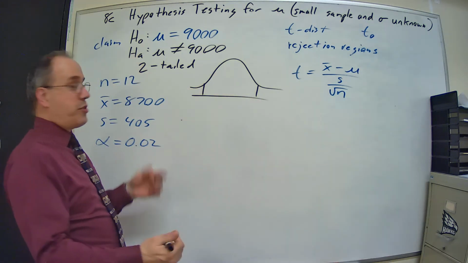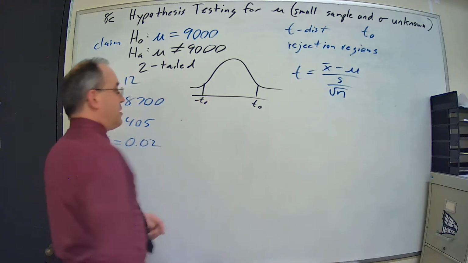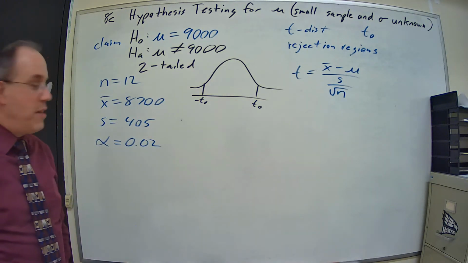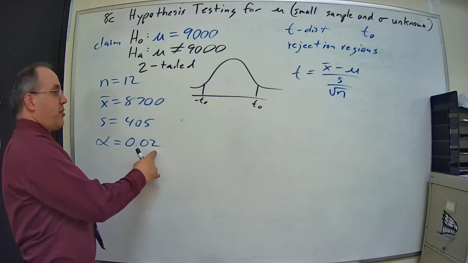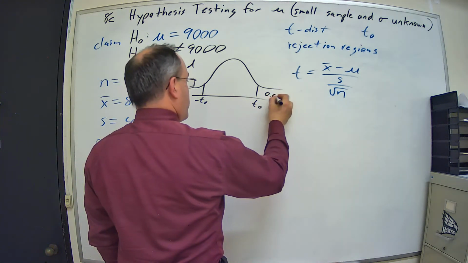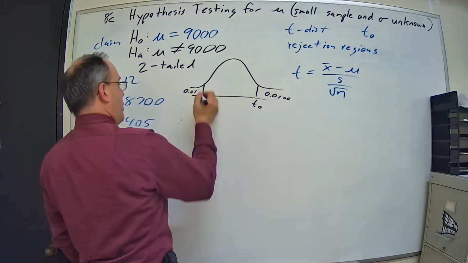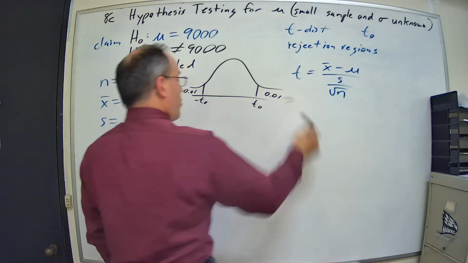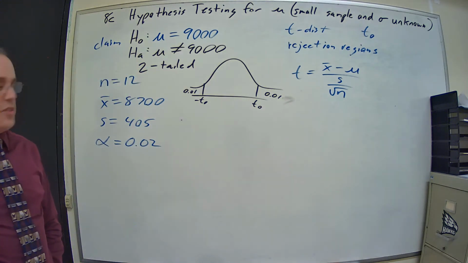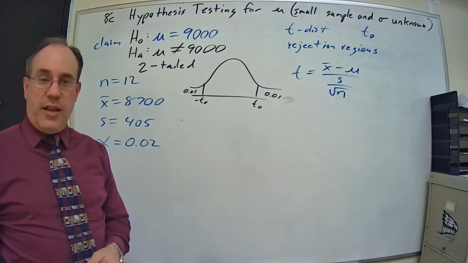Well, first of all, since we're using a t-distribution, we're going to have t sub 0 and negative t sub 0 for critical values. That 0.02 is going to get split between the two tails, so we have 0.01 in both of those, and you'll see why in a moment. But we have 0.01 in both of those tails.